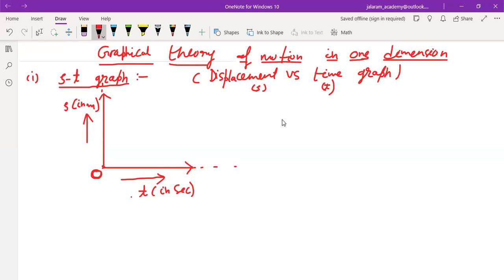So write that the graph in which displacement is shown along the y-axis and time is shown along the x-axis is called the displacement time graph.